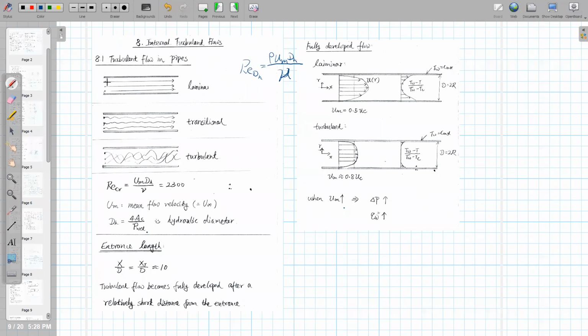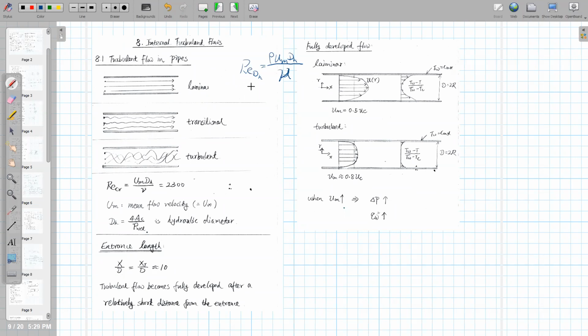Laminar, basically you can think that if you track a flow particle, the streamline is mostly unchanged. For the transitional regime, you see some little turbulence effect, so the streamline becomes curved or wavy.